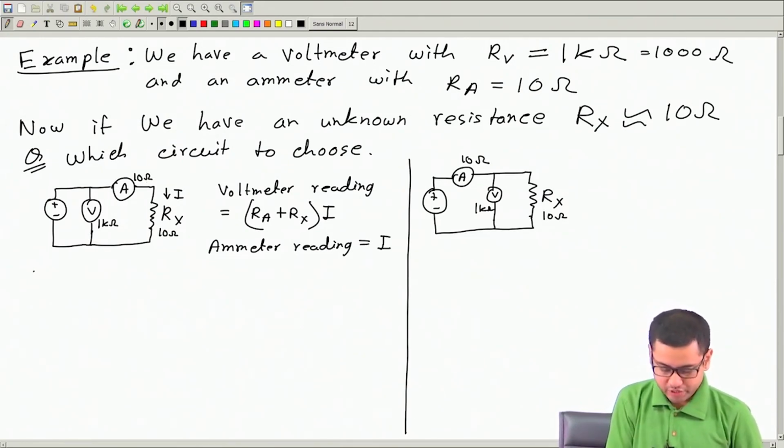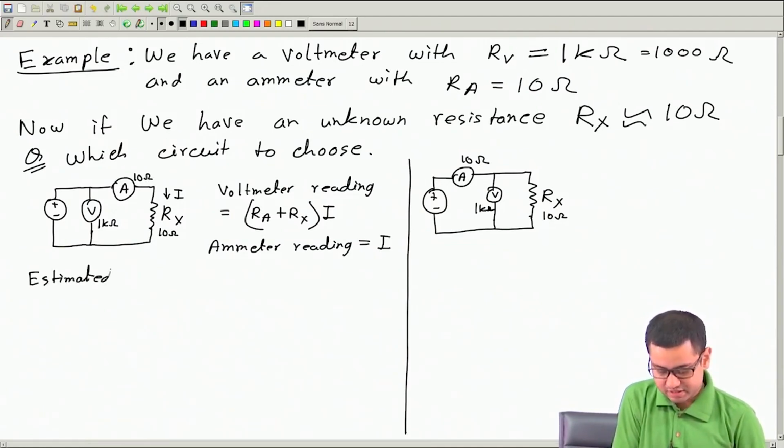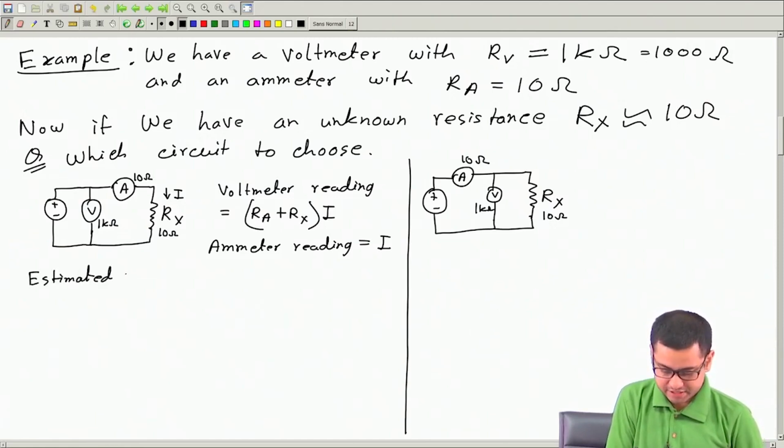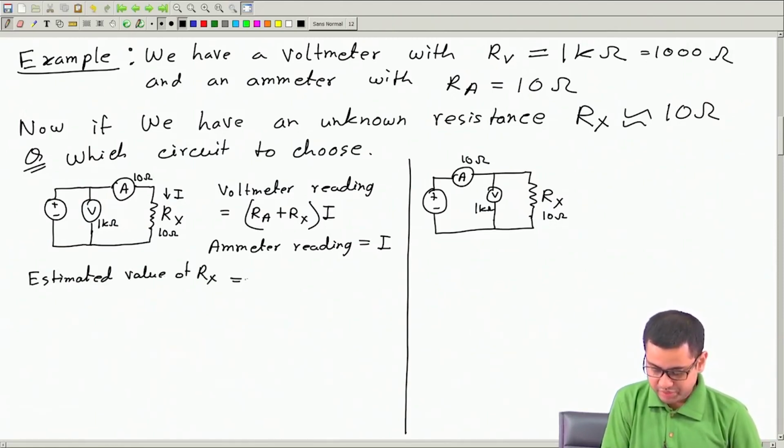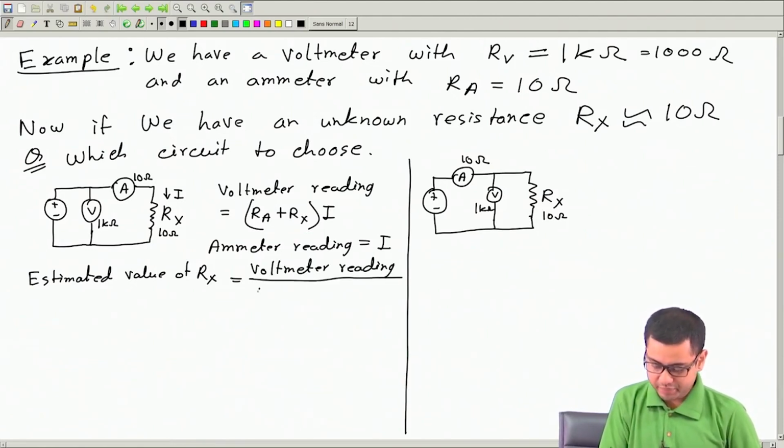Therefore the estimated or calculated value of Rx will be the voltmeter reading divided by the ammeter reading.